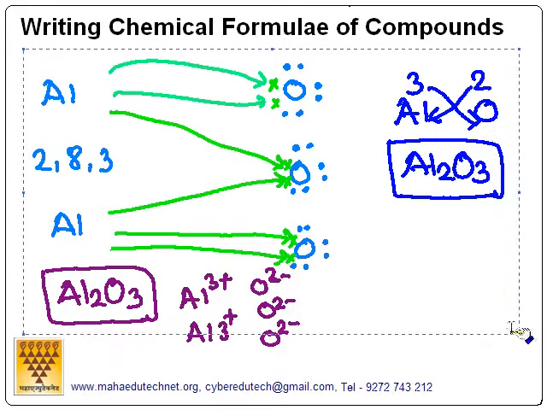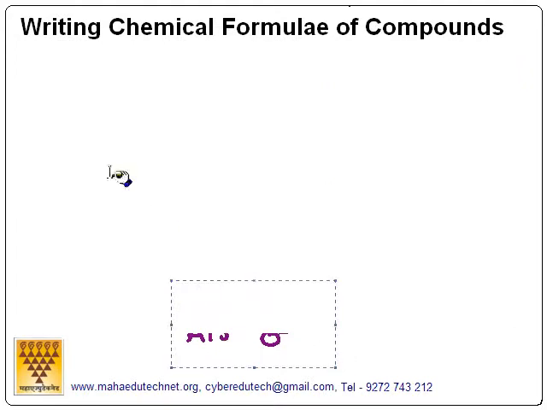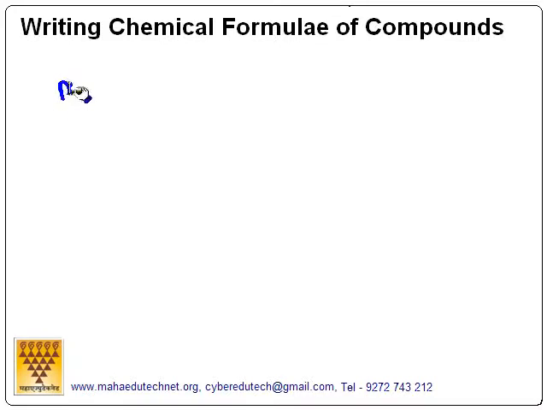Let us try to find one more formula in which magnesium reacts with oxygen. Let us see what happens when magnesium reacts with oxygen. We know magnesium has 2 electrons in its outermost shell, having electronic configuration 2, 8, 2, whereas oxygen has 6 electrons in the outermost shell.